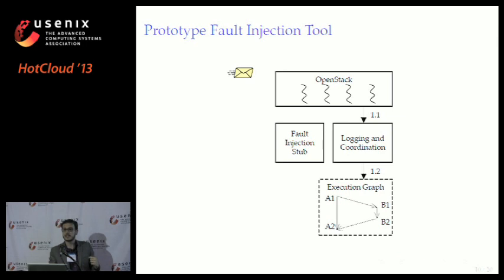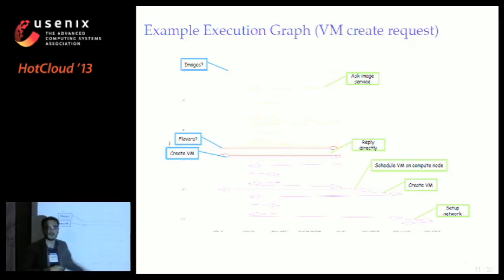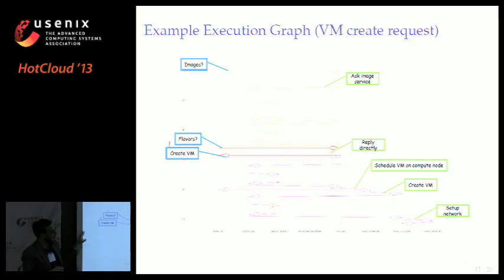So let me try to show you an example of an execution graph. Let me have you imagine what this would have looked like. We start off with an external request here. It may check if your image ID is correct. There would be several services outlined here, and the request would basically be zigzagging between multiple services.